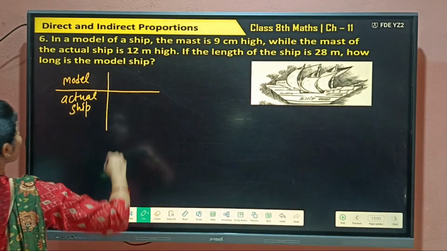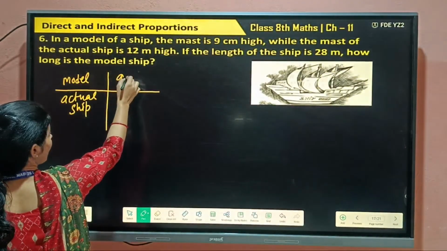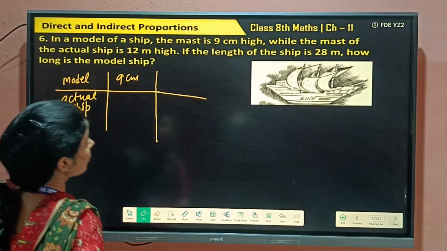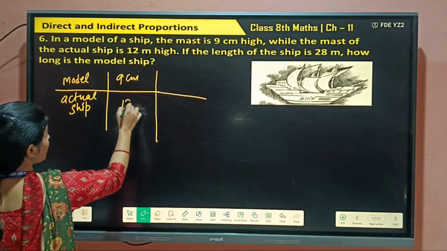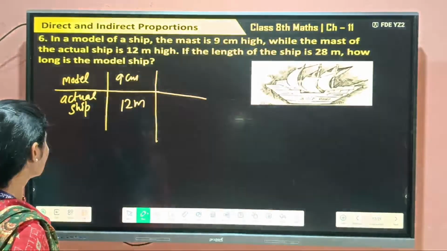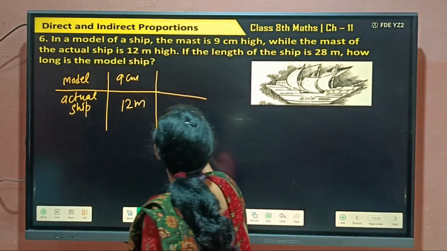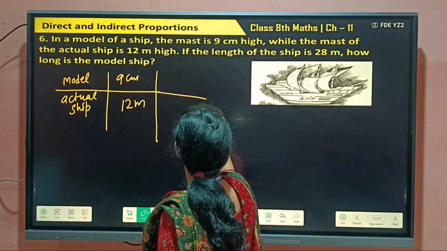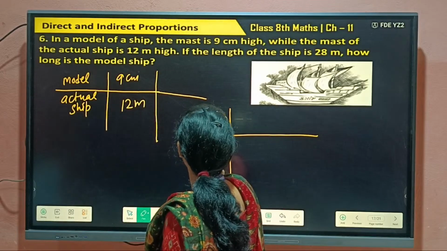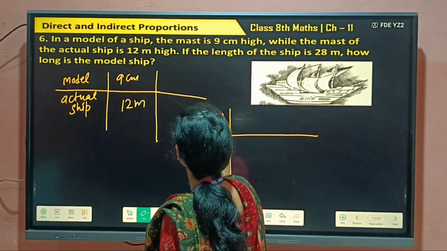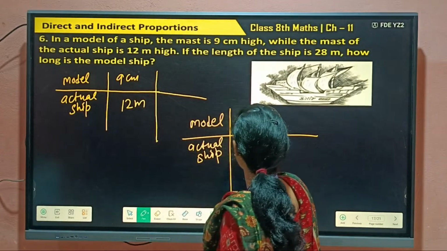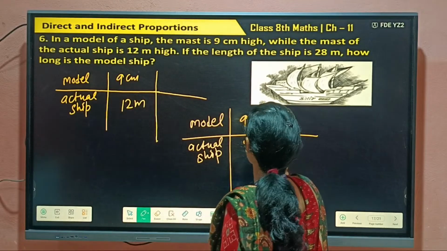What is mast of model ship? 9 centimeter, and mast of actual ship is 12 meter and length of the ship is 28 meter. Then we should write this is model ship and this is actual ship. If its height is 9 centimeter, then its actual length we have to find out.